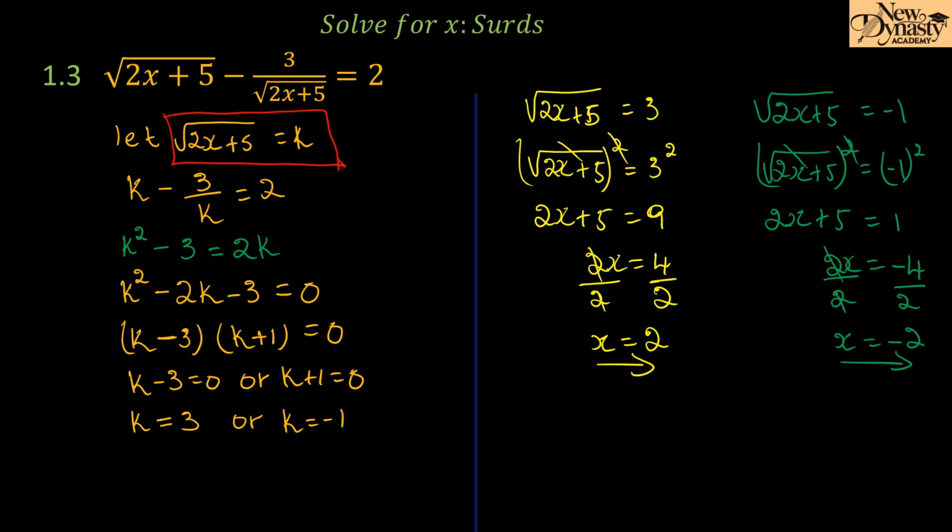You have to go back to your equation and check what is correct and what is not correct. Let me just leave it to you, the grade 11s, to do. You know what to do. You take the x values, you put them back into the equation. You can use the equations on the right hand side, square root of 2x plus 5 equals 3, and the square root of 2x plus 5 equals negative 1. Please do that for me and check which answer is valid and which one is not valid.